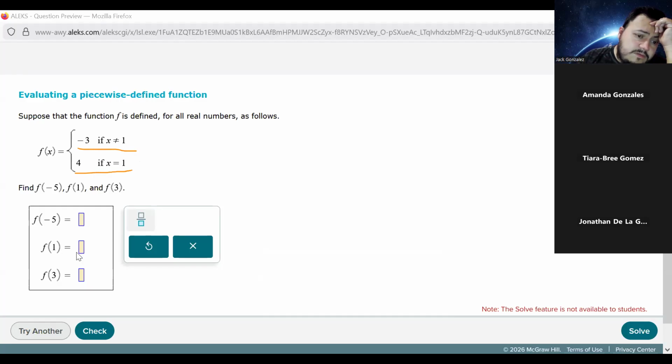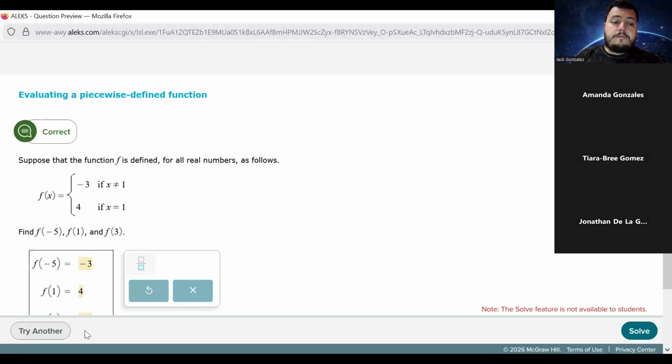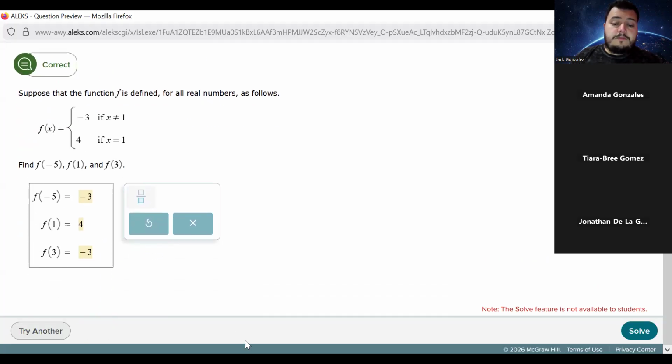Because these are two constant functions pieced together. So since it's not equal to 1 for -5, you would say -3, -3. If it's equal to 1, then it has to be 4. Not very interesting, but that's what's going on.